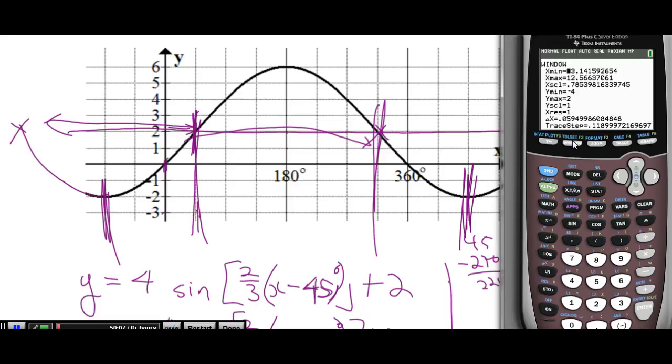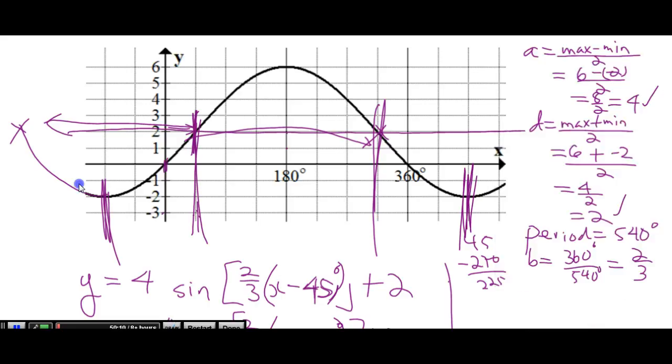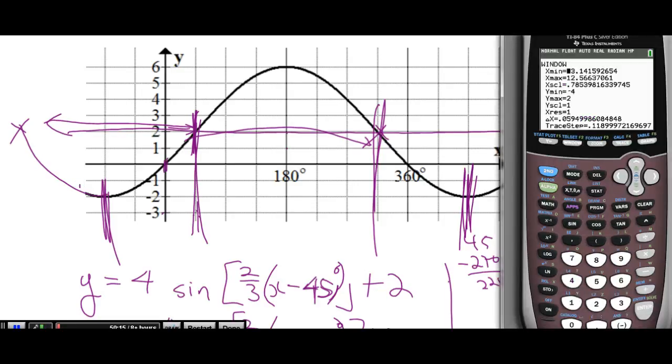We're going from -135 to 495 by 45s. And -3, that'll work, to 7 by 1s. Mode has to be degree mode now. Degree, enter.